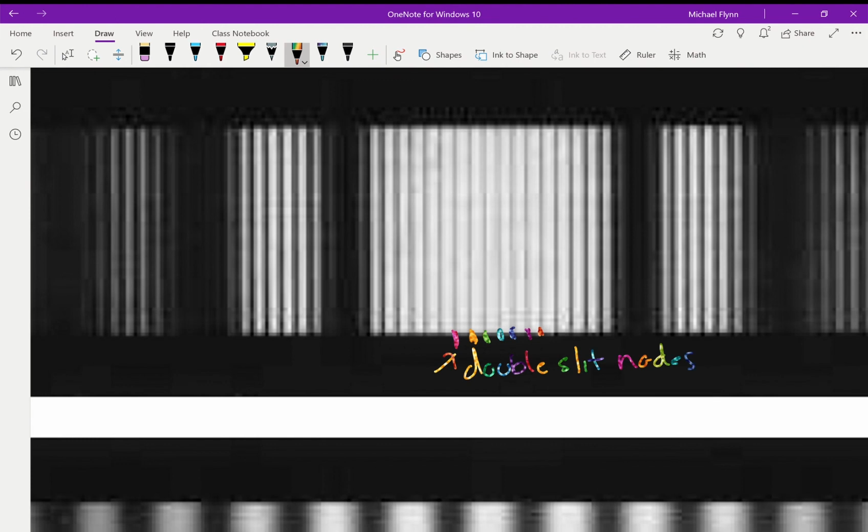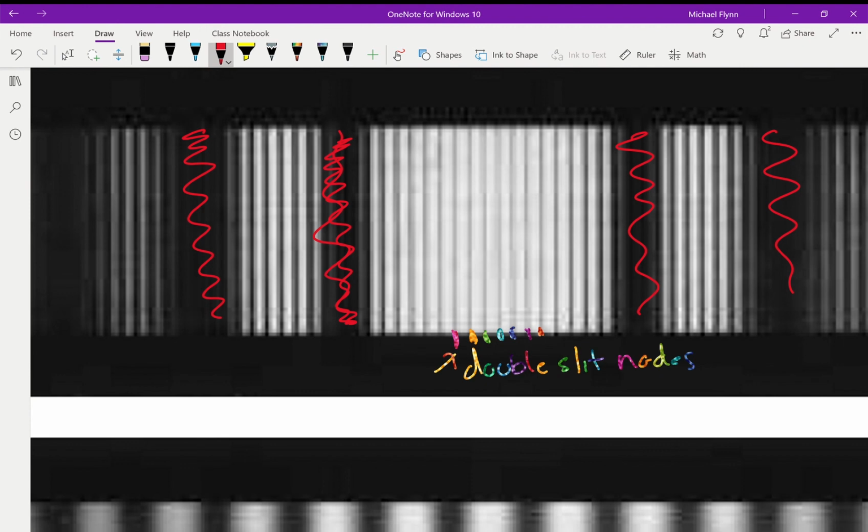However, this, oh, I see, it is highlighting, you just can't see it very well. I'll use red. So this dark, big, huge dark area here, this, and this, this is the weird part about it. These guys are single slit nodes.